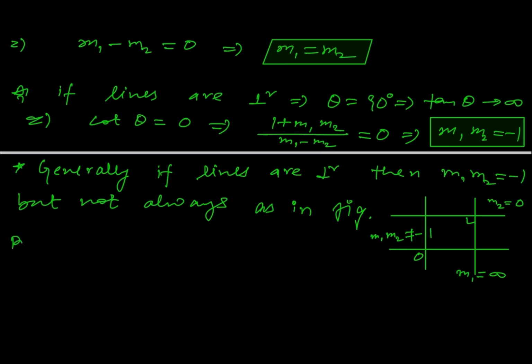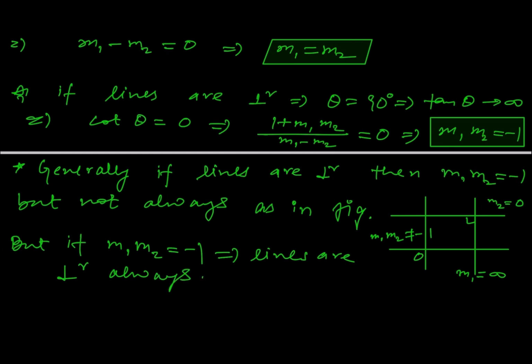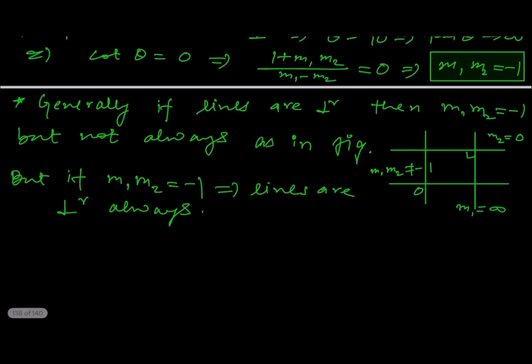But if m1 m2 is equal to -1, it implies the lines are perpendicular always. So what I said in the above statements: if m1 m2 is equal to -1, then the lines are perpendicular always.